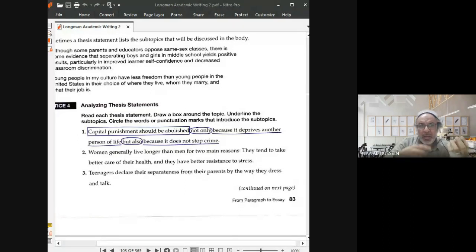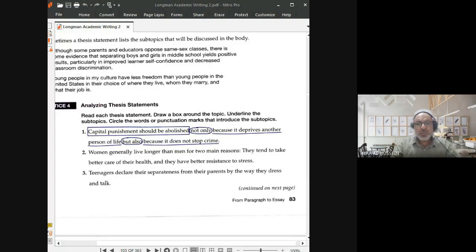It doesn't relate to the topic. It's a part of the idea. That's why I call them sub ideas rather than subtopics. They are more related to the idea than to the topic. They are more related to the idea should be abolished.